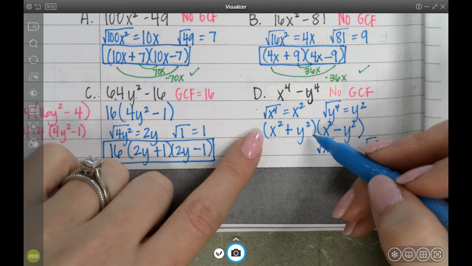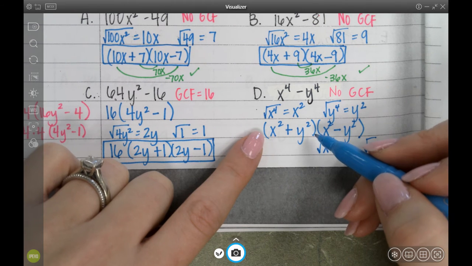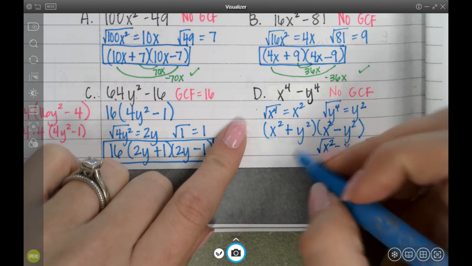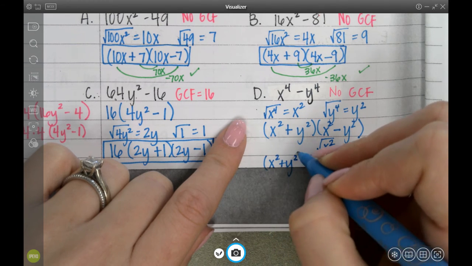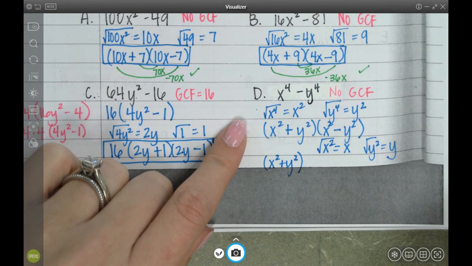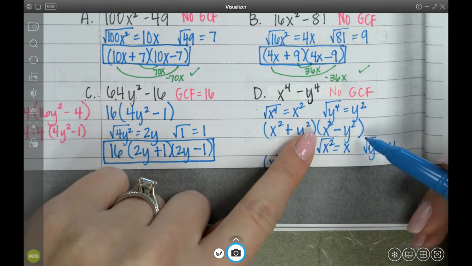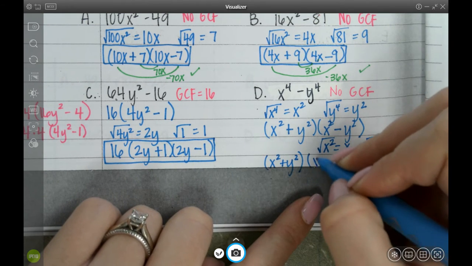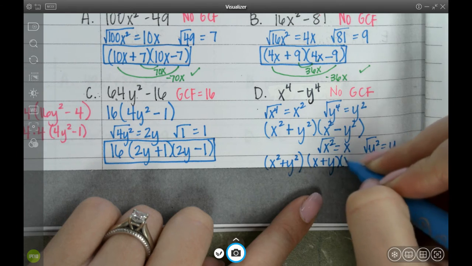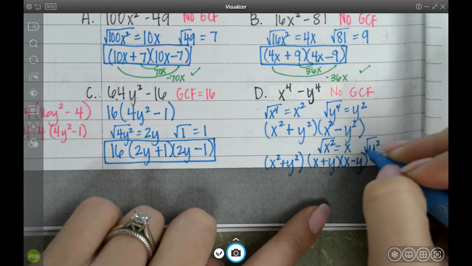Will this one factor any further? Why not? It's a plus, right? So that x squared plus y squared has to stay. But this x squared minus y squared will factor one step further to x plus y, x minus y.